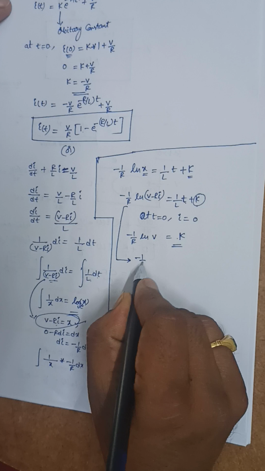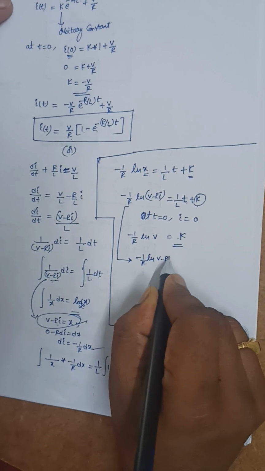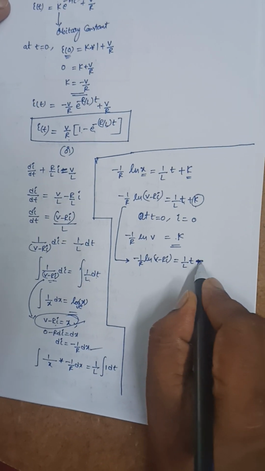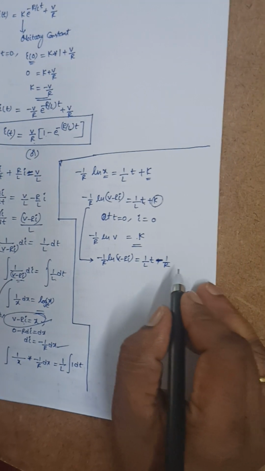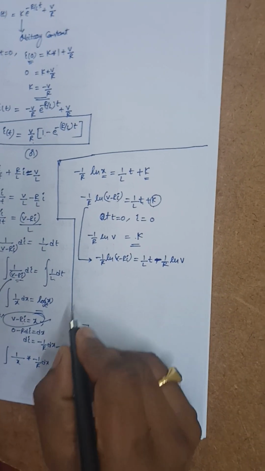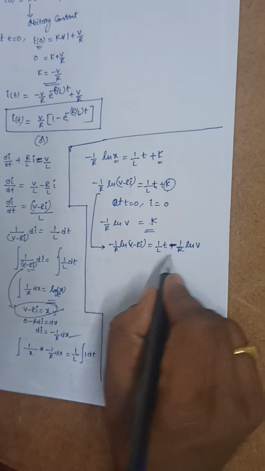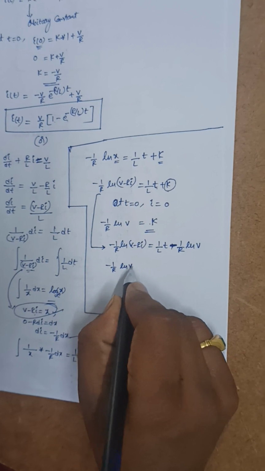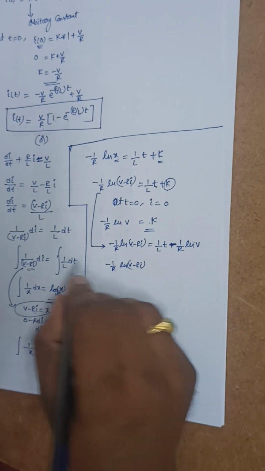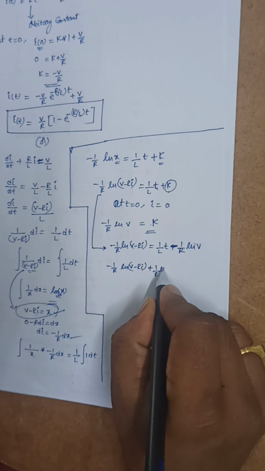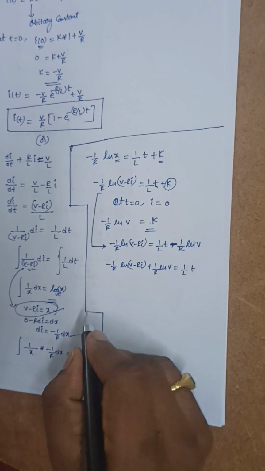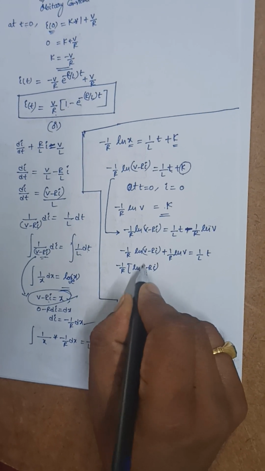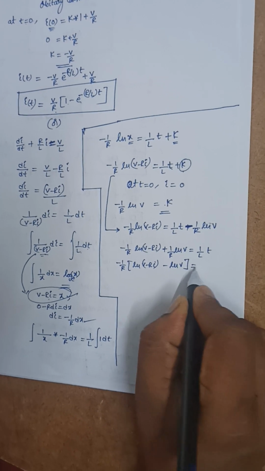So minus 1 by R into ln of V minus R i is equal to 1 by L into t plus k, where k is minus 1 by R into ln V. Now if I bring this term to the left side, it is minus 1 by R ln of V minus R i plus 1 by R ln V is equal to 1 by L into t. Take minus 1 by R as common: ln of V minus R i minus ln V is equal to 1 by L into t.